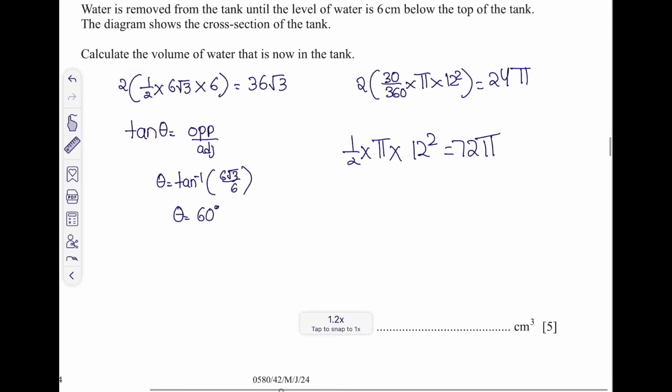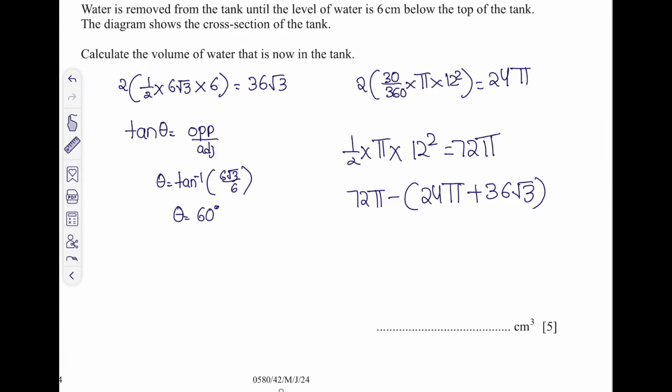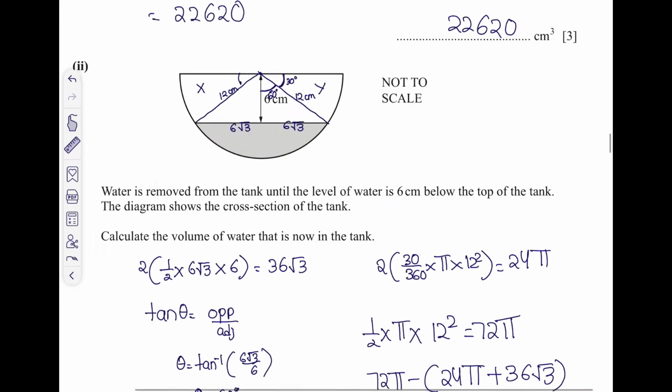The total area is 72 pi, and the unshaded part is 24 pi plus 36 root 3. When you do this, 24 pi plus 36 root 3 gives you 88.4426183.